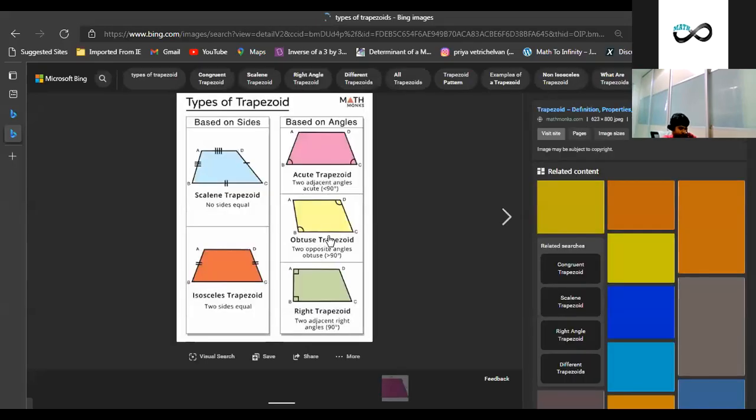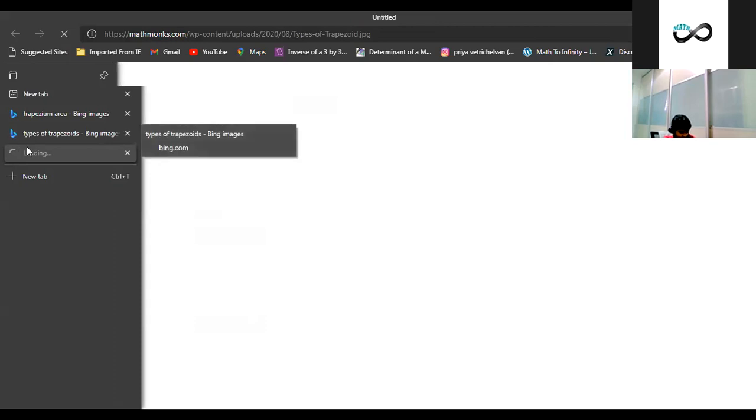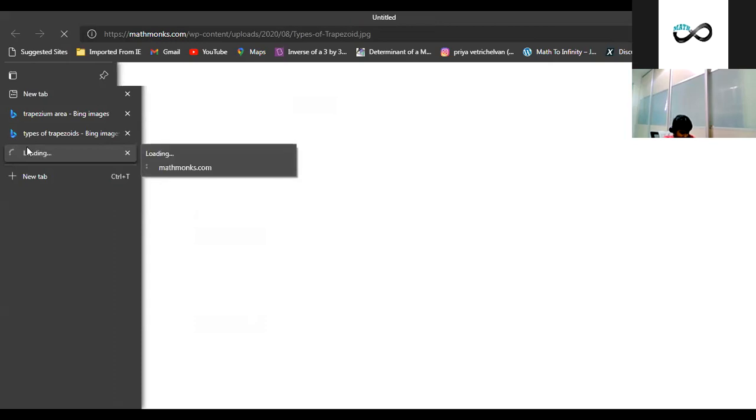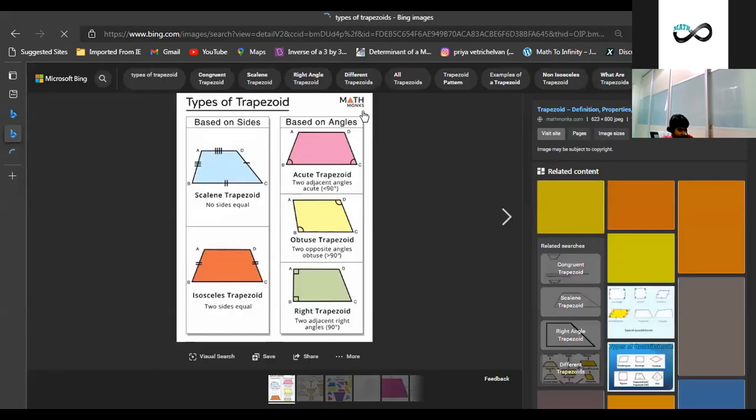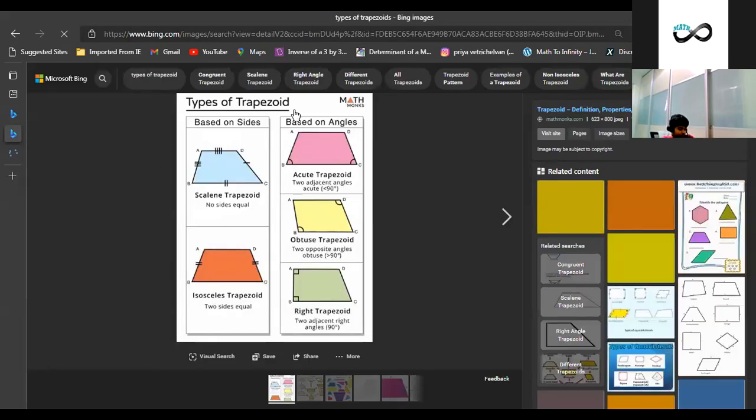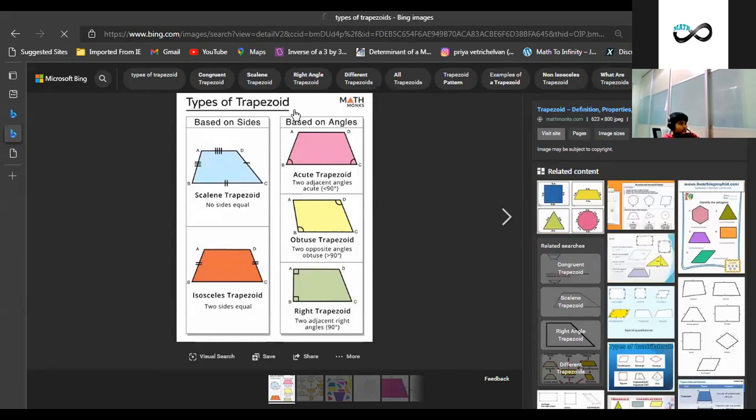I'll show you the image. Can you see this? Can you see the screen?